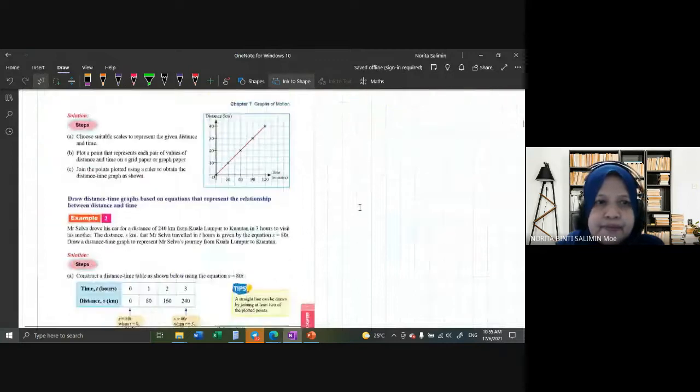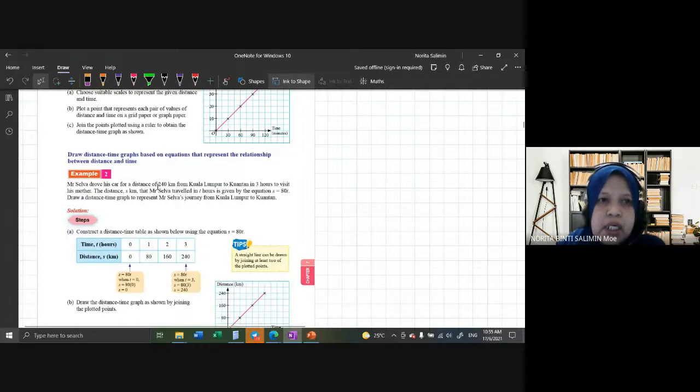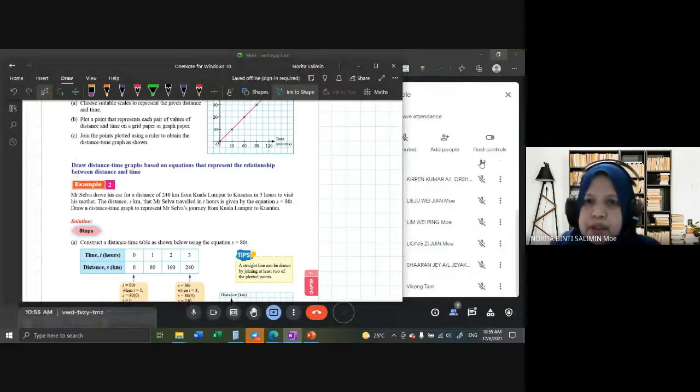Okay, next. Draw a distance-time graph based on the equation that represents the relationship between distance and time. Example number 2. Sharon, can you read for me example number 2?